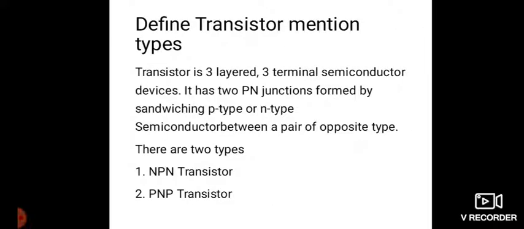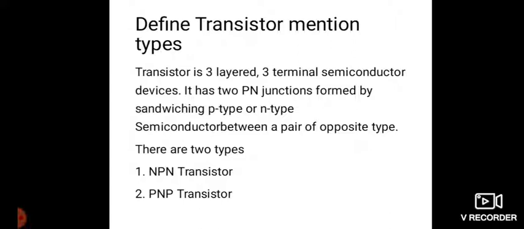Then, what is the definition of the transistor? Define transistor and mention its types. The transistor is a 3-layered, 3-terminal semiconductor device. It has 2 PN junctions formed by sandwiching a p type or n type semiconductor between a pair of opposite type.